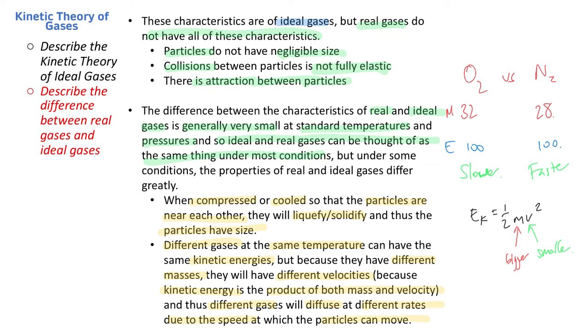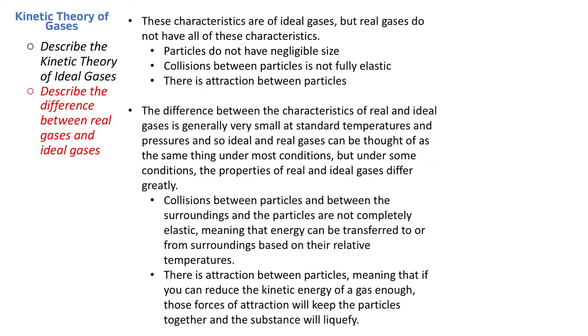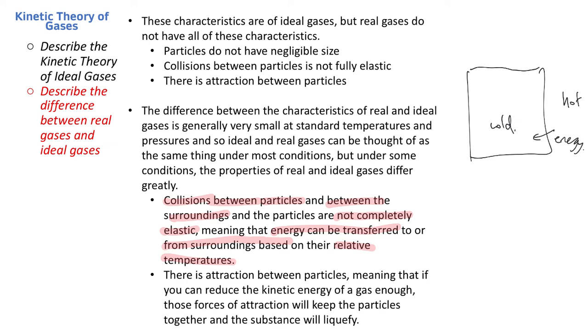All right, and then finally, the other bits of information. The collisions between particles and between their surroundings are not completely elastic, meaning that energy can be transferred from the surroundings based on their relative temperatures. So the idea there is that if I have a container, and outside the container is hot and inside the container is cold, heat energy will be transferred in.